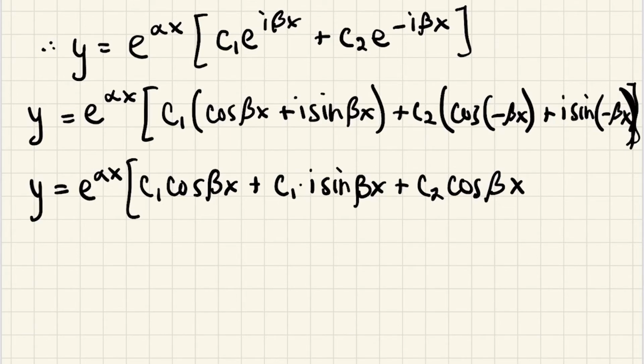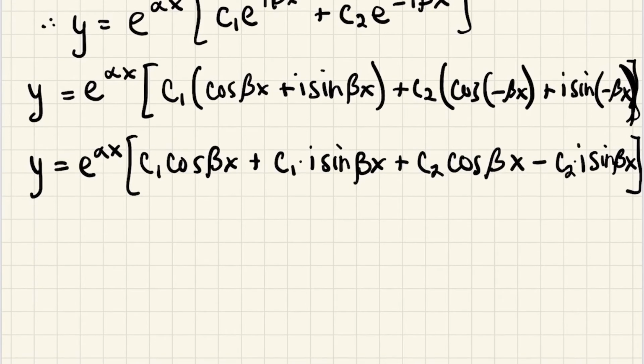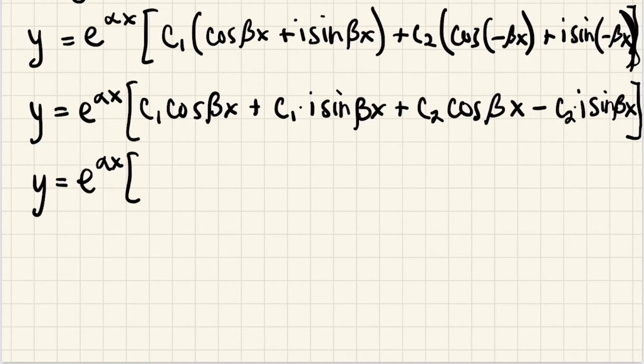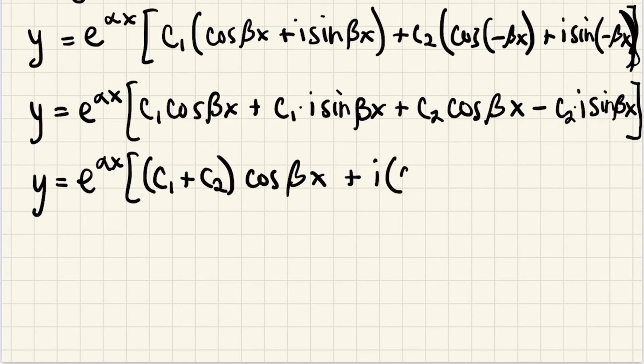So we can factor the negative out and we get minus c2 times i sine of beta x. All right, so now we're going to combine the cosines and the sines. So we have e to the alpha x, and we have c1 plus c2 cosine beta x plus i times c1 minus c2 sine of beta x.